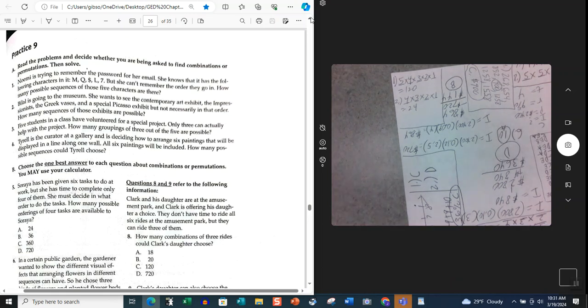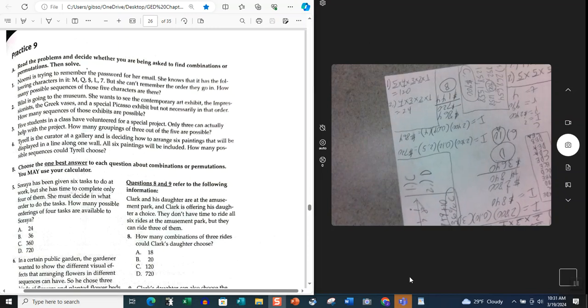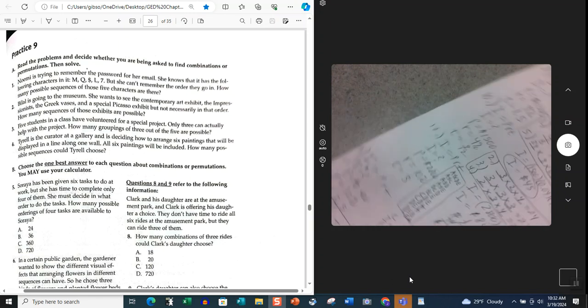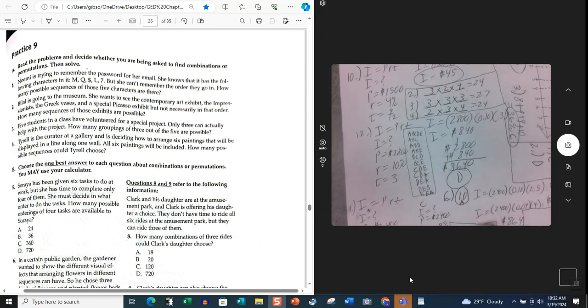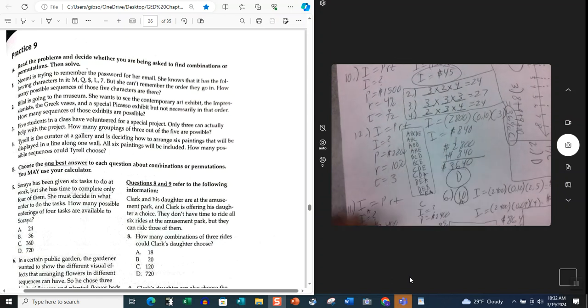Okay, now number 3. 5 students in a class have volunteered for a special project. Only 3 can actually help with the project. How many groupings of 3 out of the 5 are possible? So basically here, we're doing the 3 out of the 5. So this is a combination problem, and we're going to go back to what we did on the second lesson for 8.